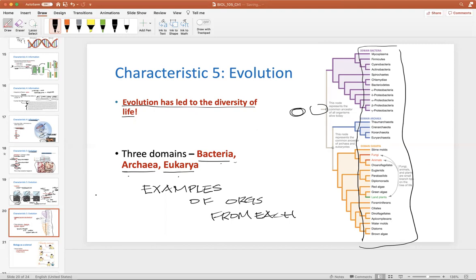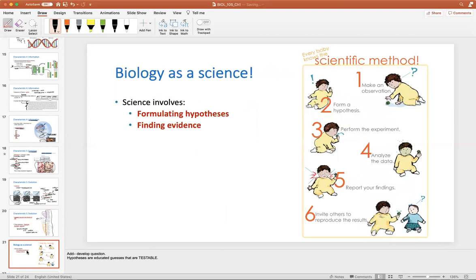All right, the very last thing I want to go over, and I'm not going to spend a ton of time on this. This will be the subject of one of your early labs if you're taking Biology 115 lab. But if you're not, I still wanted to go over this. I wanted to talk about biology as a science and the process by which we do science. I feel like this is a very timely topic because a lot of the process of science is on display as we see in real time people learning about the biology of SARS-CoV-2, which is the virus that causes COVID-19.